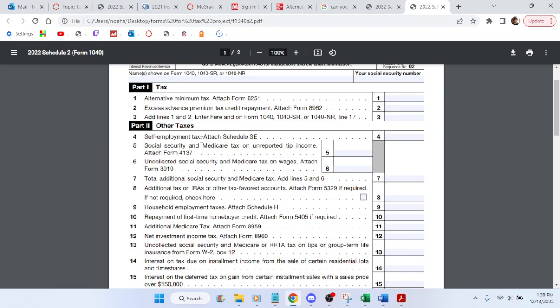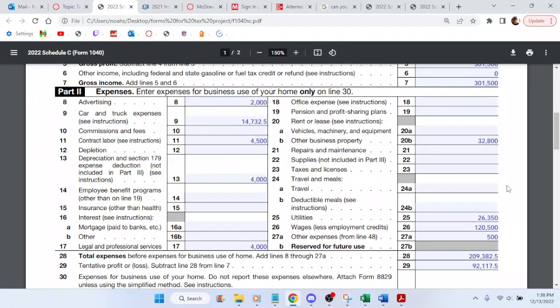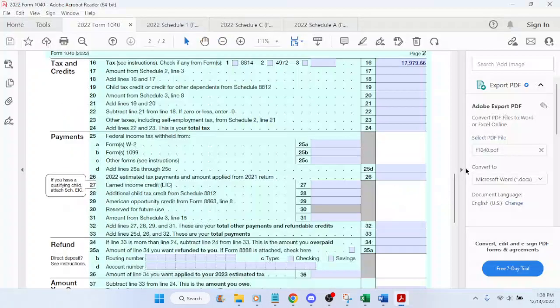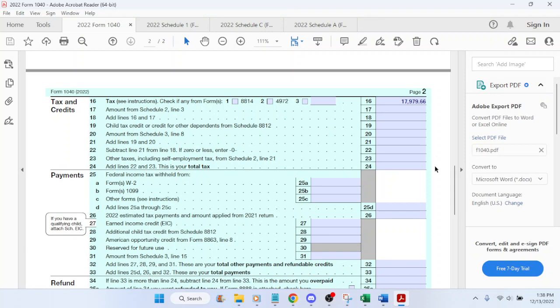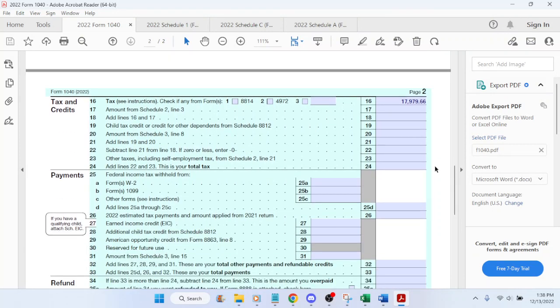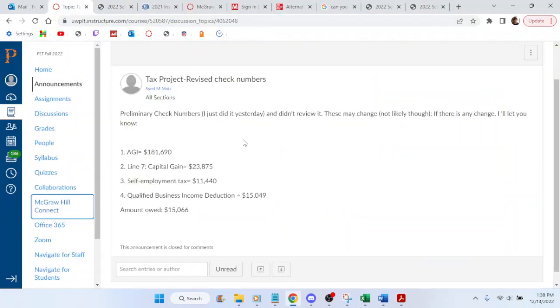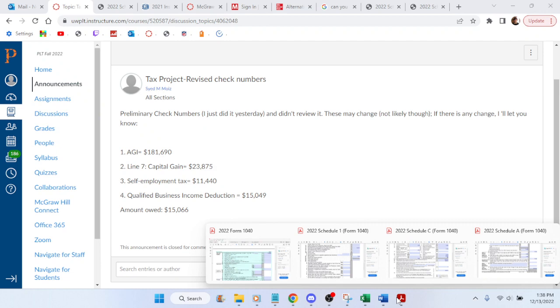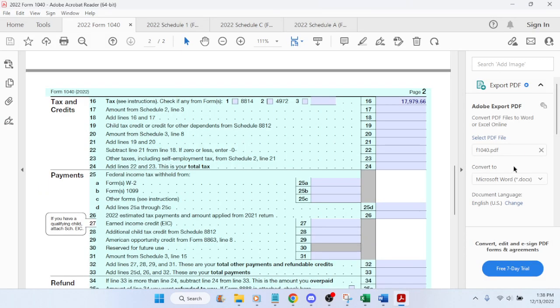So self-employment tax was, I'm just looking here. 11,440. I got like an exact number, but I'm just going to put 11,440.